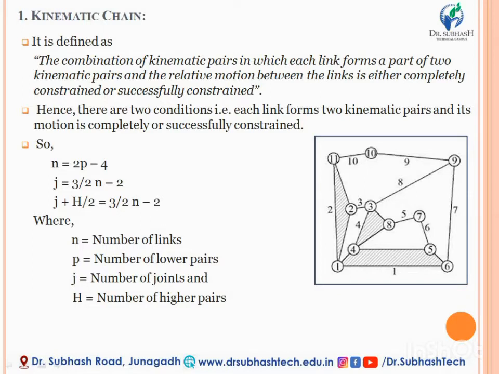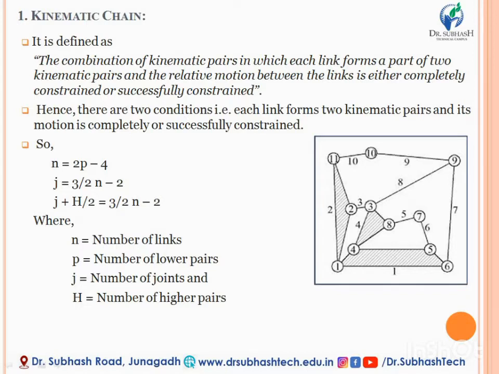All the links are related with each other, but no relative motion is possible. So a combination of three links forms a structure, and since there is no relative motion, it is not considered a kinematic chain.